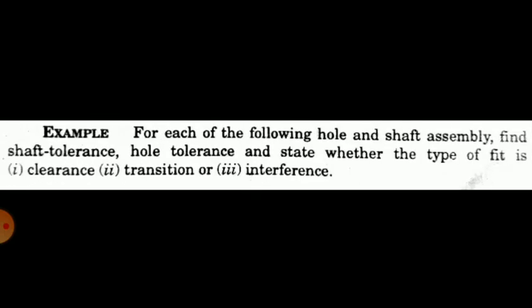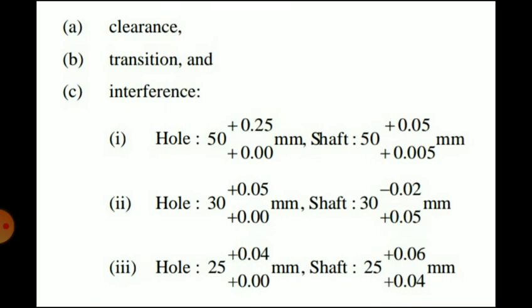Now the next example. For each of the following hole and shaft assemblies, find the shaft tolerance and hole tolerance, and state whether the type of fit is a clearance fit, transition fit, or interference fit. Three cases are given.